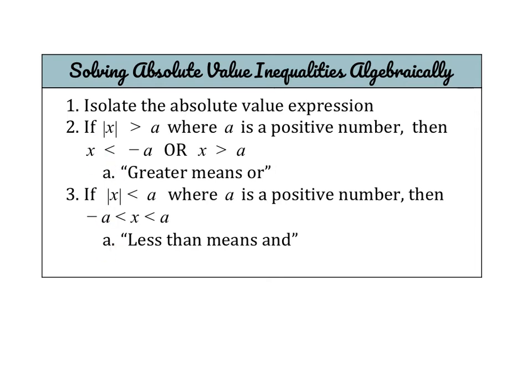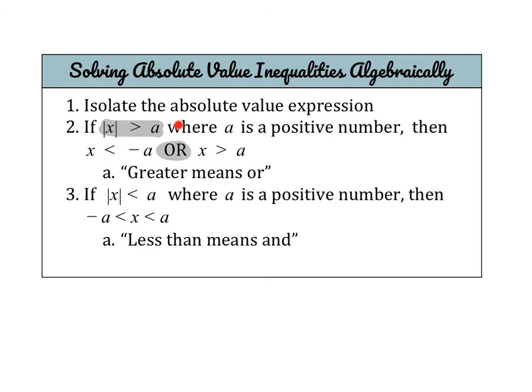Now step 2 and 3, it's going to depend on how your inequality looks. So if your absolute value is greater than some positive number, this is actually going to turn into an or situation. So anytime the absolute value is greater than, it becomes an or problem.